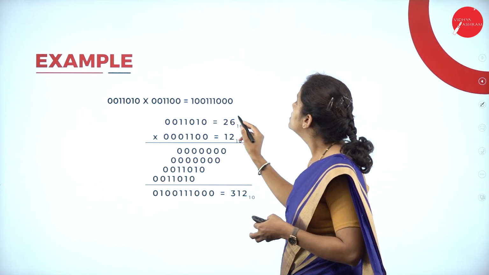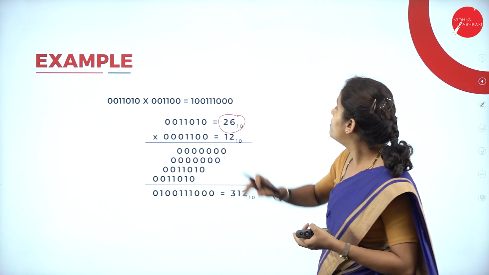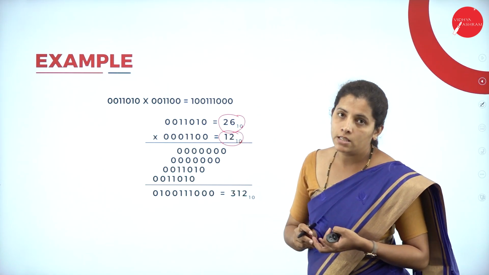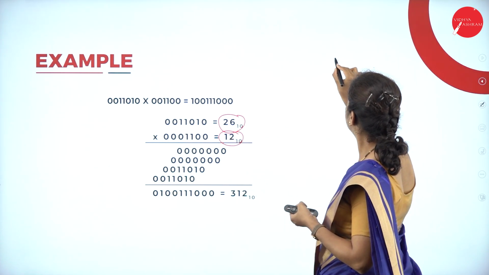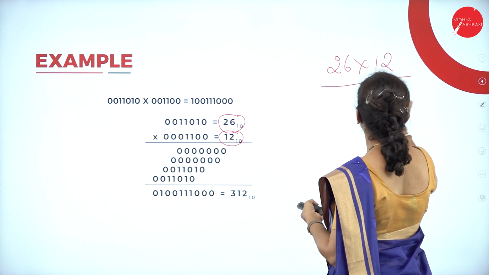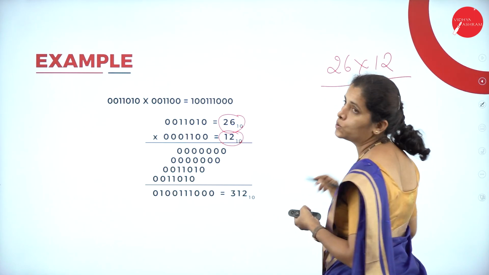So this is another example for your multiplication. First take the decimal equivalent of your binary number. So here I'm going to take the decimal equivalent. So multiply 26 and 12 together. We're going to get 3, 12.